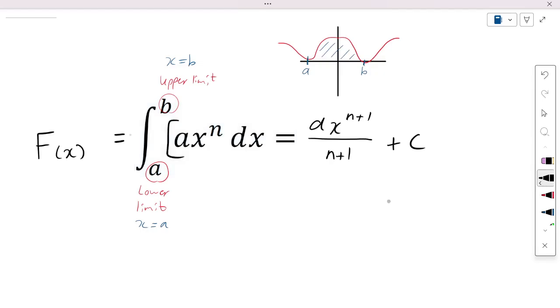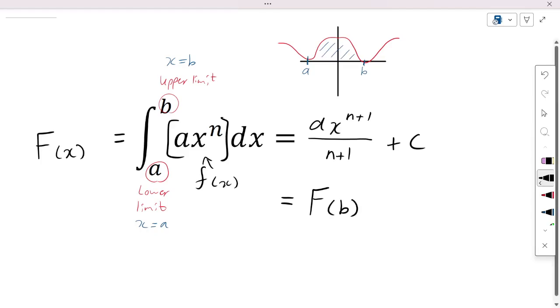So let's say that this is represented as f of x, right? And we know that capital letter F of x is going to be equal to this whole integral over here. So now how we are going to write this down is we're going to let this equal capital letter F of b minus capital letter F of a. Now why are we doing this?